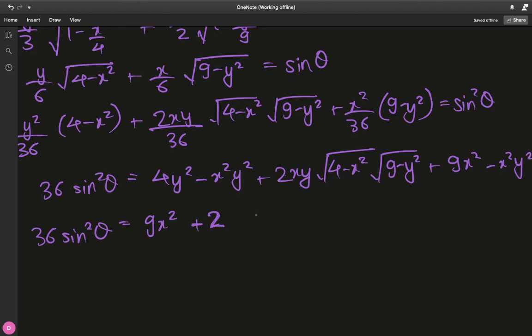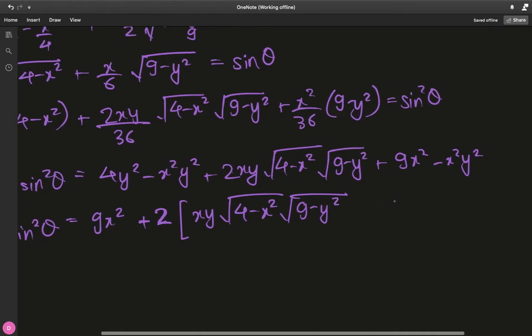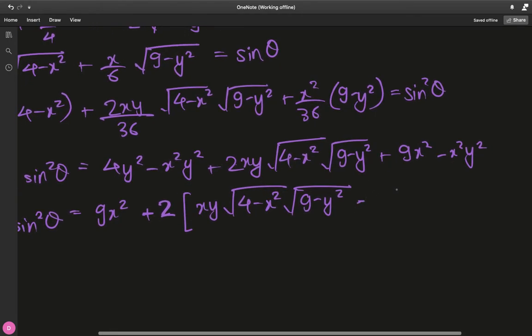So 2 times xy times square root of 4 minus x squared times square root of 9 minus y squared minus x squared y squared plus 4y squared.